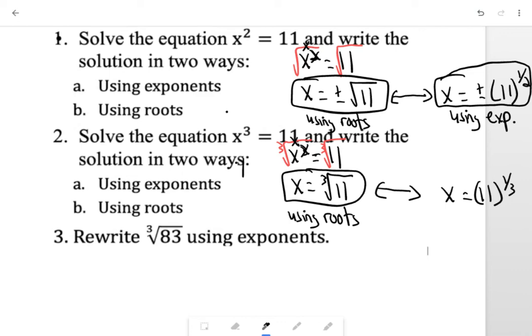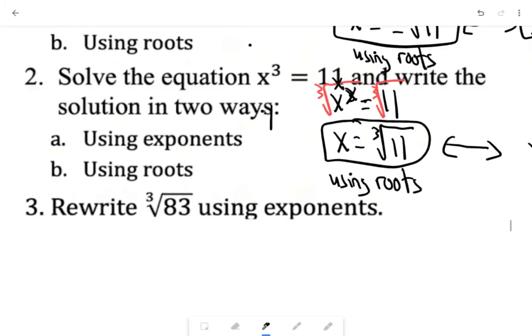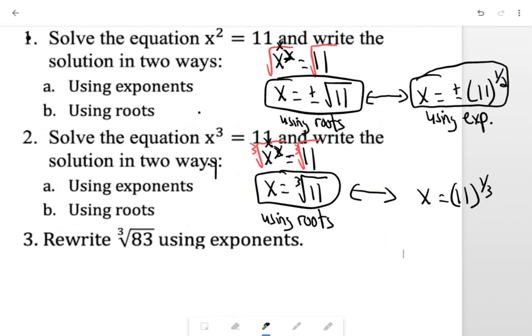Okay, taking a number and raising it to the power of 1/3 is the same as cube rooting it. So this right here is the answer using exponents.